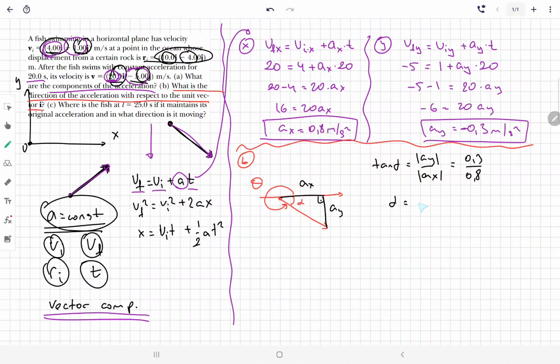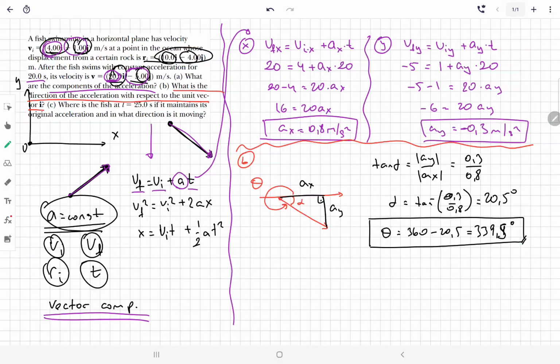From here alpha equals tangent inverse of 0.3 over 0.8. Let's use our calculator. It says the angle equals 20.5 degrees. So this angle theta equals 360 minus 20.5, so it will be approximately 339.5 degrees.